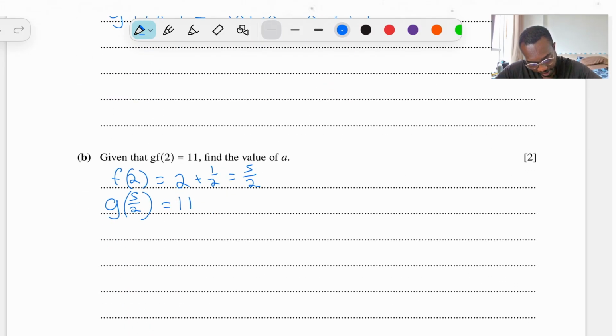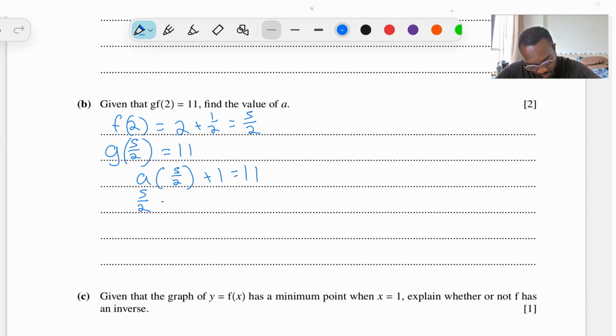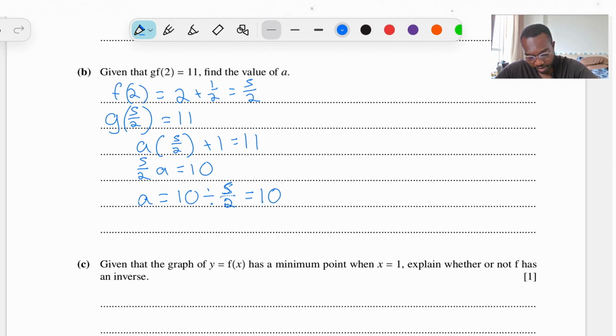So that would be a times 5 over 2, plus 1, must equal 11. Therefore, we know that 5 over 2 a must equal 10. Therefore, a must be 10 divided by 5 over 2. And that is equal to 10 times 2 over 5, which is 20 over 5. So we know that a is simply going to be 4.